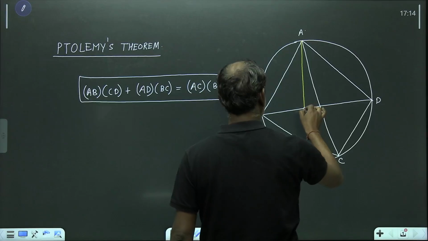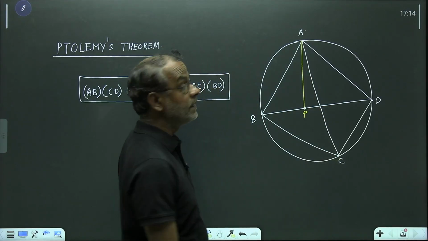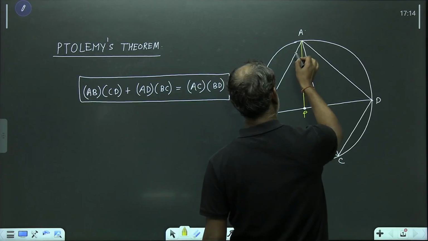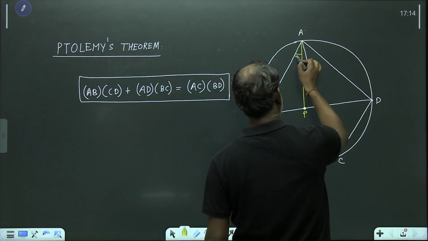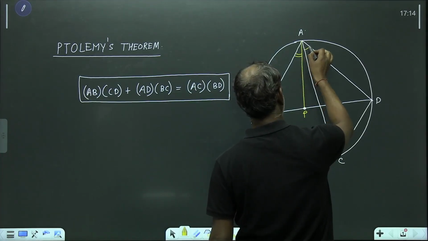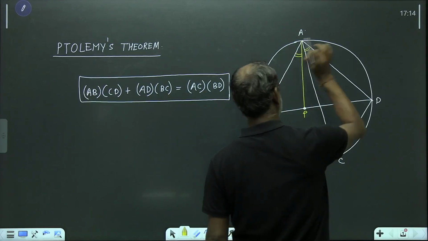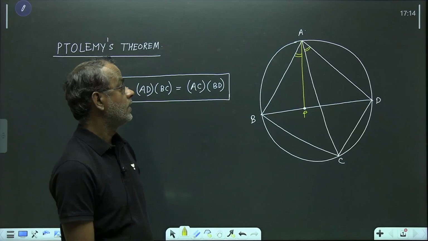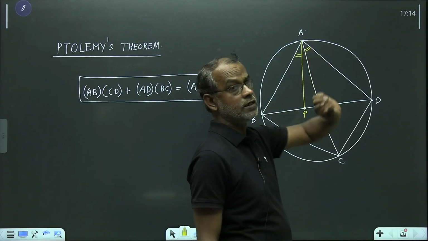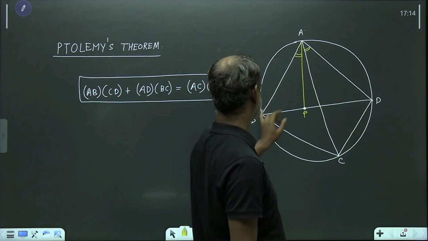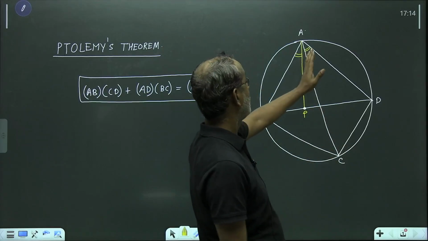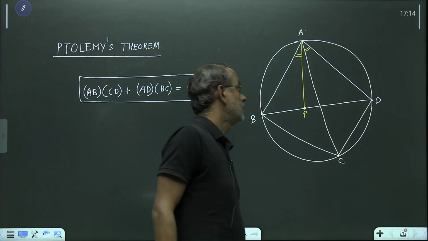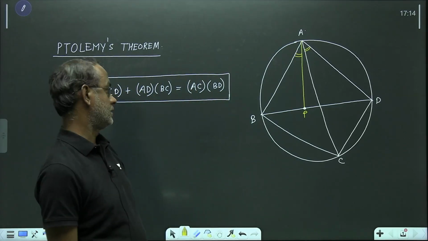We have taken a point P in such a manner that these two angles are equal. One of these two angles would be larger; we are assuming that this one, BAC, is larger. Now take a point P and draw a line like this such that these two angles are equal.